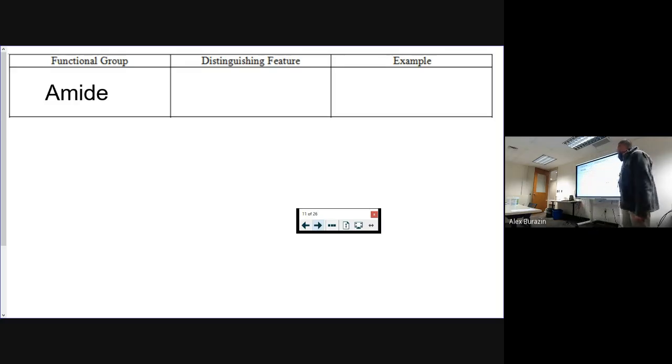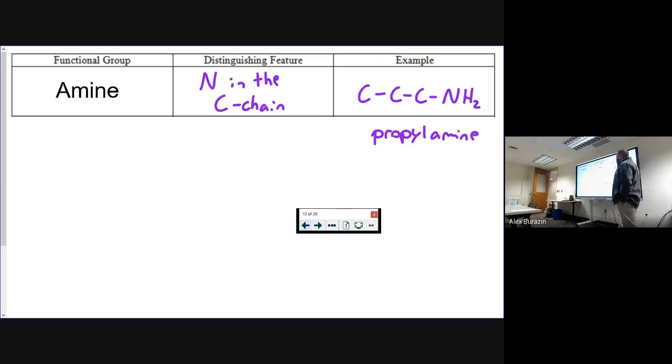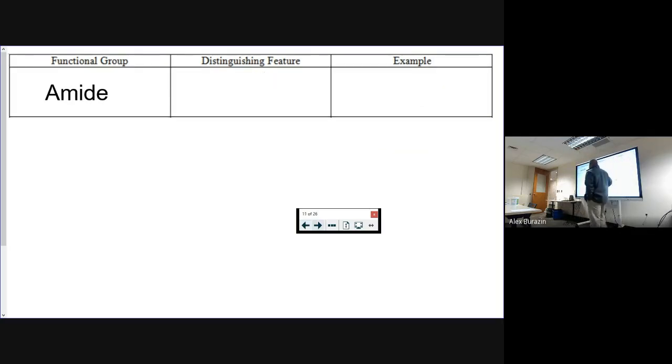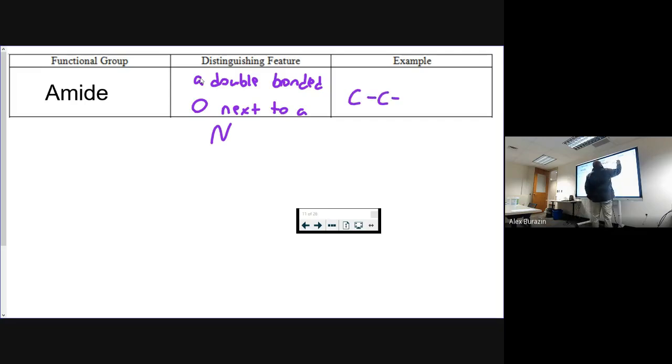Amide. It looks like it wants to be called amide, but it's amide. If you want an oxygen next to that nitrogen, I can draw the exact same molecule and then just throw a double bonded oxygen right here.